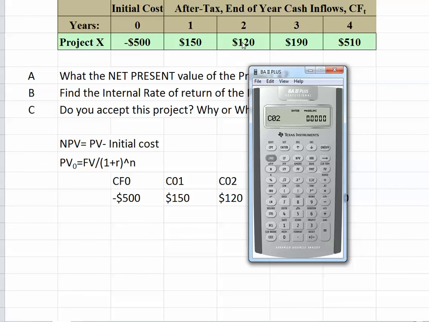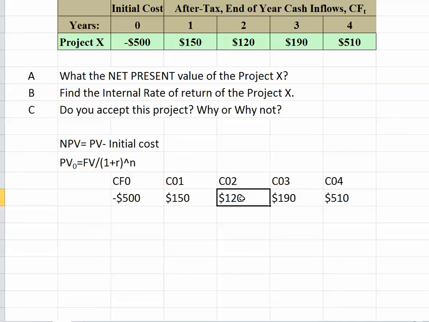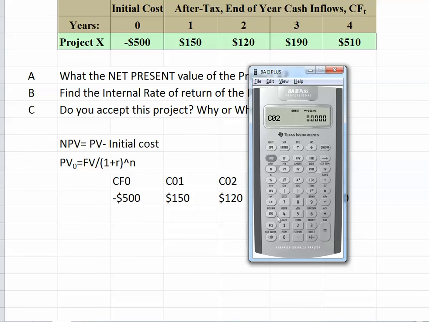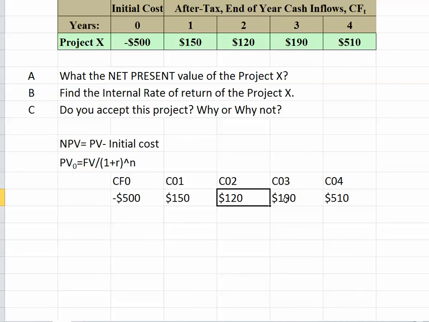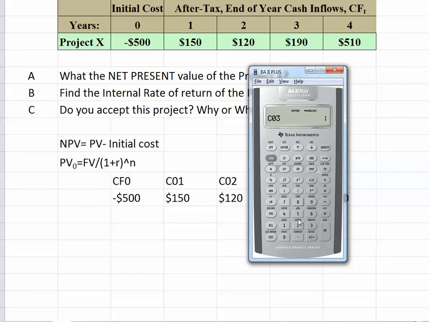My cash flow number 2 here is 120. $120. Enter. Down, down. My cash flow number 3 here is 190. Enter.